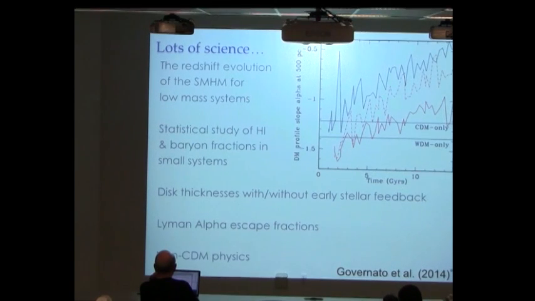And so what I'm showing here is a result from Governado et al. 2014, where he looked at, as a function of time, the dark matter profile slope at 500 parsecs, for 3 different dwarf galaxies, one that includes more dark matter physics. And this is only for one dwarf galaxy, so it'll be very interesting to see what happens in a sample of 10 galaxies with similar resolution and similar physics.